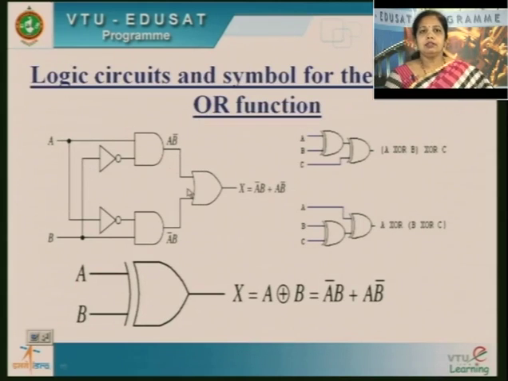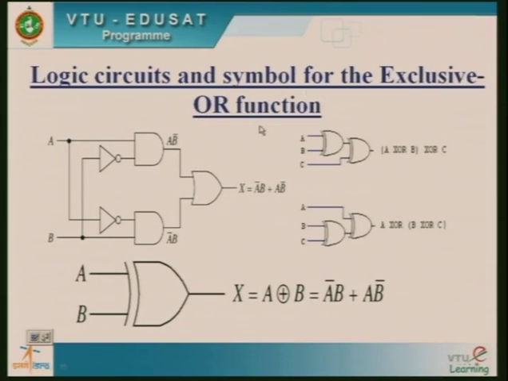So, how to write the logic circuit and symbol for this XOR function. As I said, we have two inputs A, B. We have NOT gates to generate the complement. So, we have A complement B, A B complement.